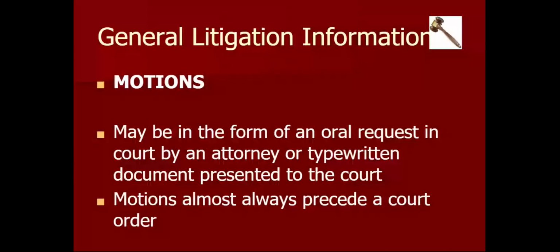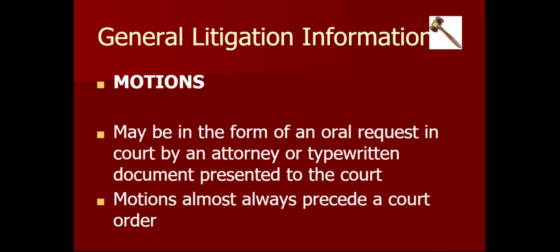Once the complaint has been filed with the clerk of court, the lawsuit is initiated. At this point, motions can be filed with the court. There are many, many types of motions, and we are just going to look at them in a general form, that these are just requests of the court to do something with respect to the case.